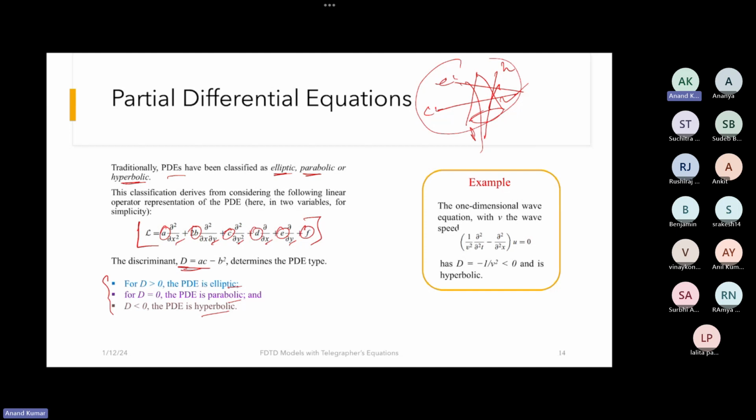One of the examples is the one-dimensional wave equation which we use, and this is hyperbolic. This is the general form of the wave equation in one dimension, and if you evaluate the discriminant, it comes out to be a value which is less than zero, and hence it is hyperbolic. You can try to evaluate this, and look at the textbooks as well.